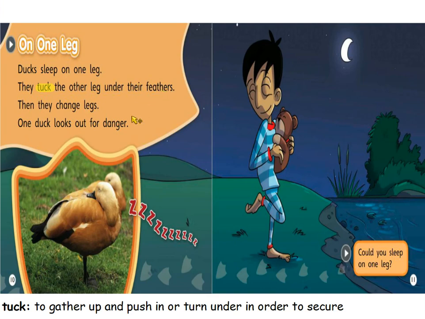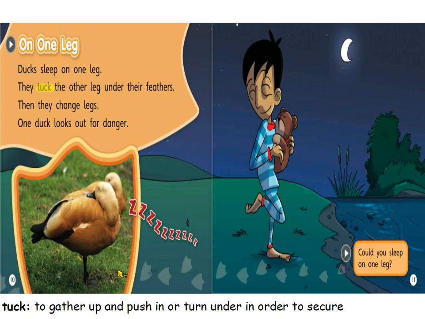Did you notice the picture below? The author is illustrating the duck standing on one leg. Where do you think the other leg is? I bet it's tucked underneath his wing and feathers.